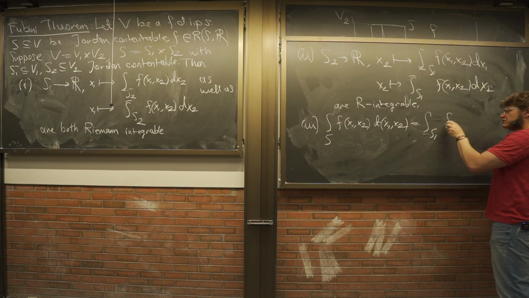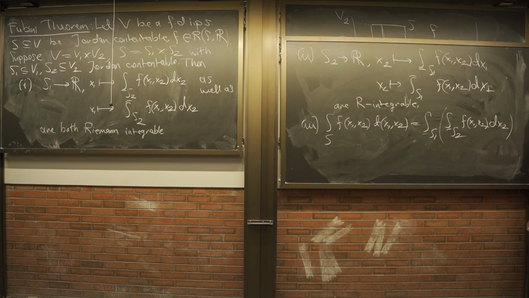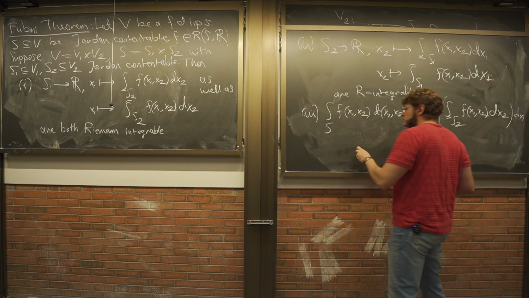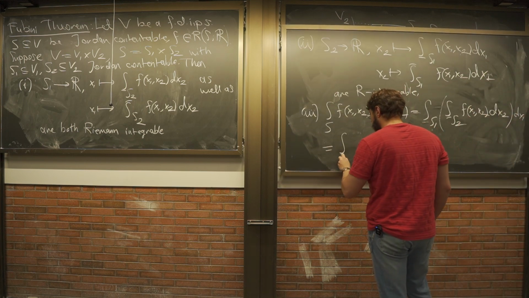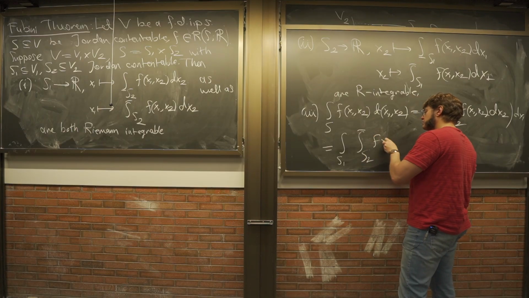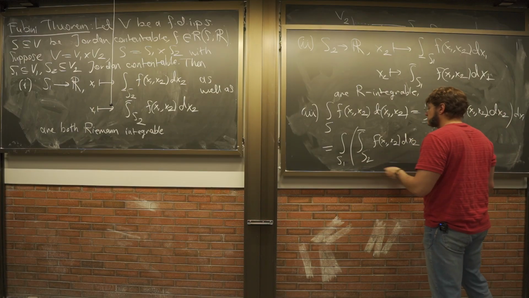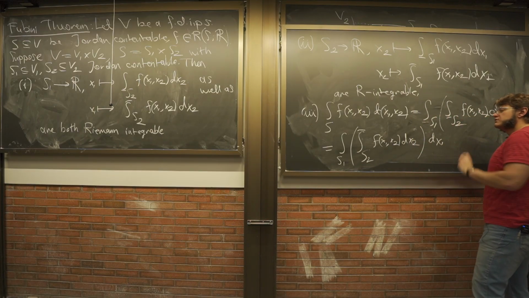This is the lower, like this, dx2. Now that's an integrable function inside, defined on S1. I want to integrate this over S1. Over S1, upper integral, over S2, f of x1, x2, dx2, dx1.